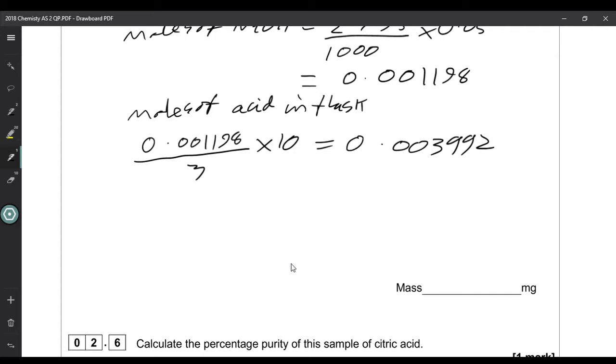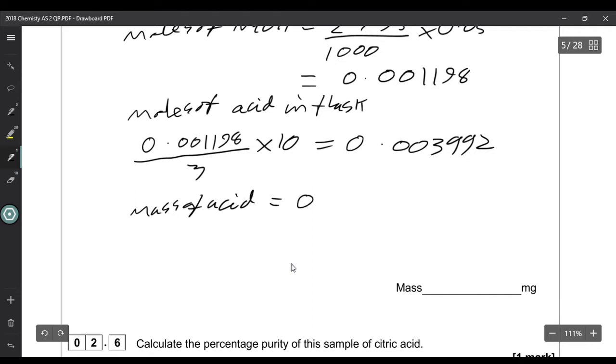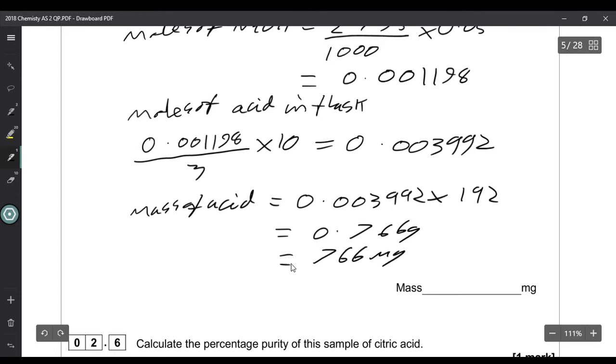So the mass of the acid will be the amount of moles of acid we've got times the molecular mass of the citric acid, which we were given to be 192, and that comes out to be 0.766 grams or 766 milligrams, because we're asked to give the answer in milligrams here.